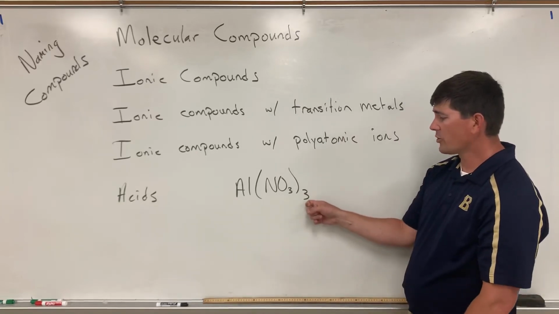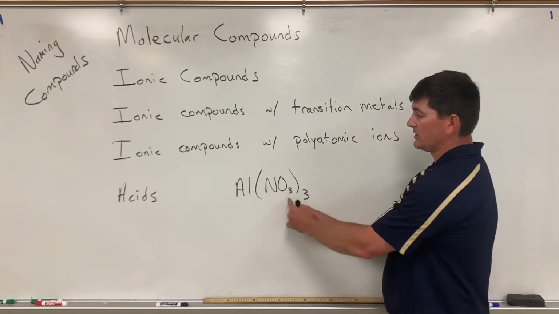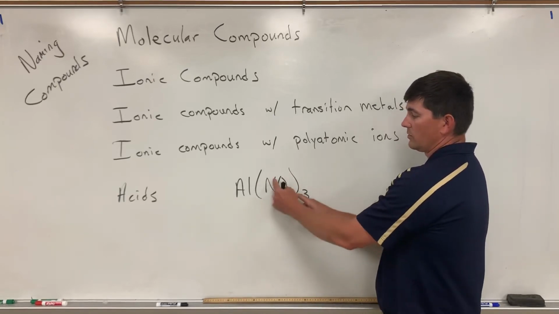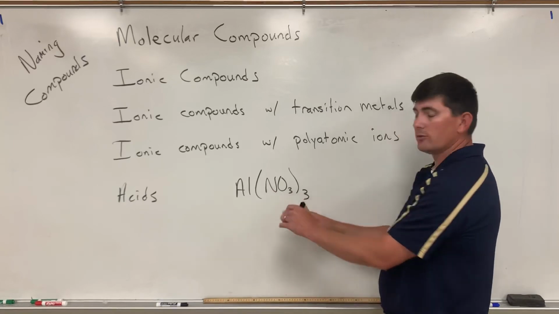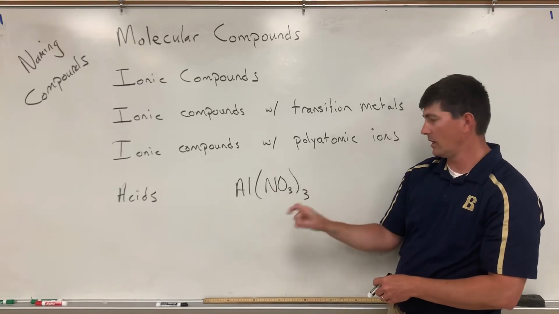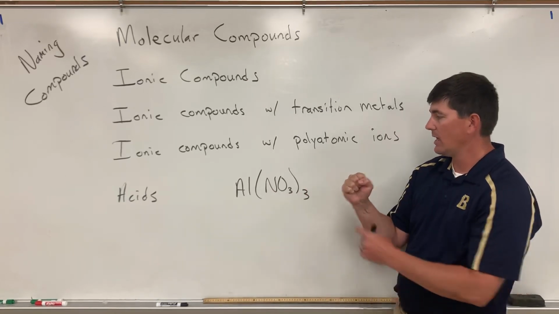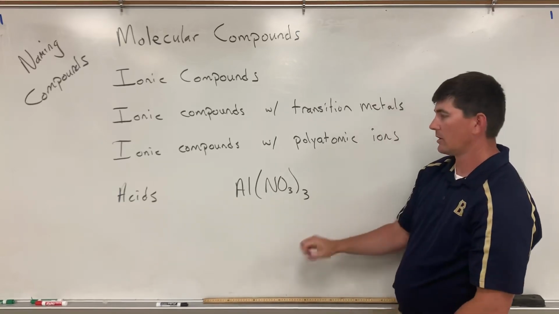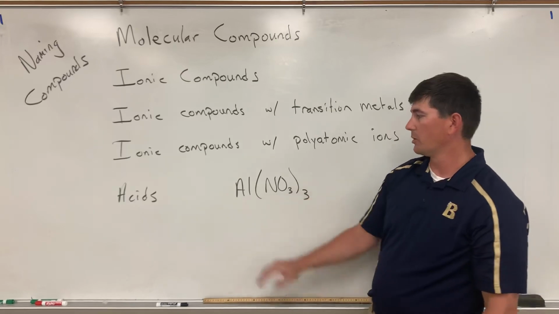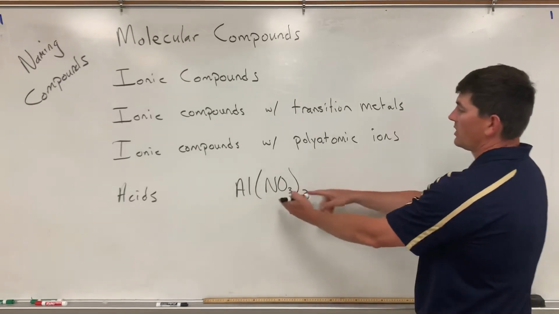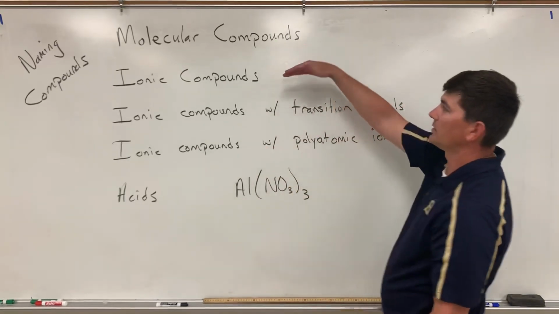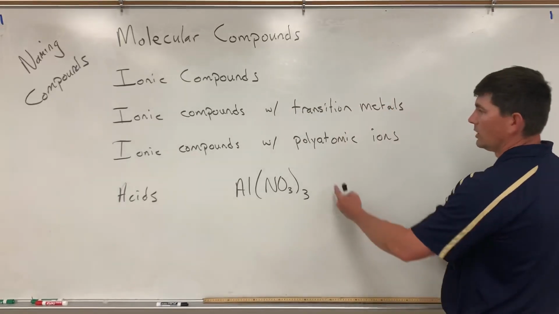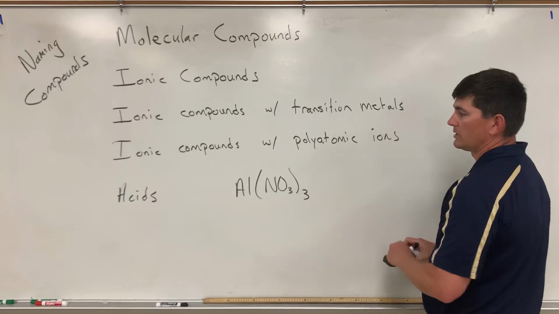So the number outside the parentheses tells me how many I have of the stuff inside. I have 1 N and 3 O's in a nitrate, but then I have 3 of those. I have 3 nitrates, and only 1 aluminum here. We can have parentheses with other ions involved too, but a lot of times it's with a polyatomic.